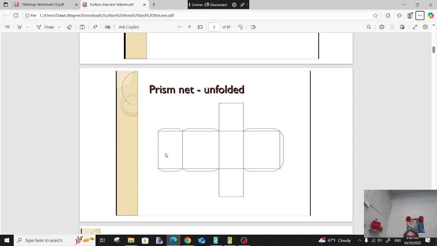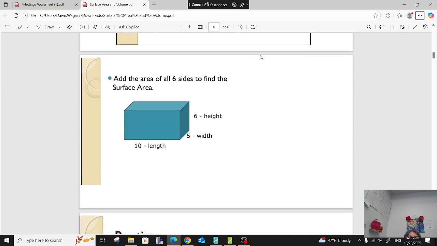So just like the Kleenex box, you could have three different sizes of rectangles, right? To create the rectangular prism. Let's go ahead and find the surface area of this one. So everybody have their notes?